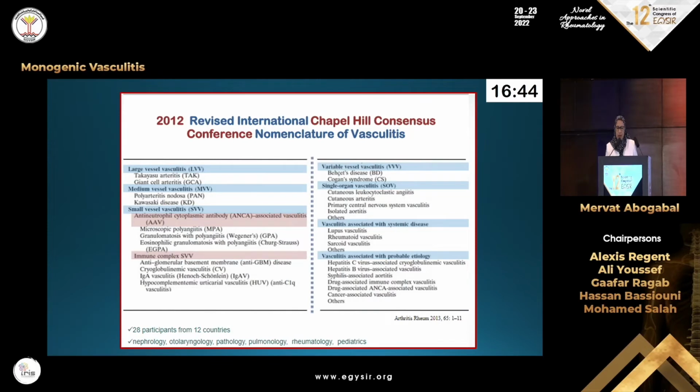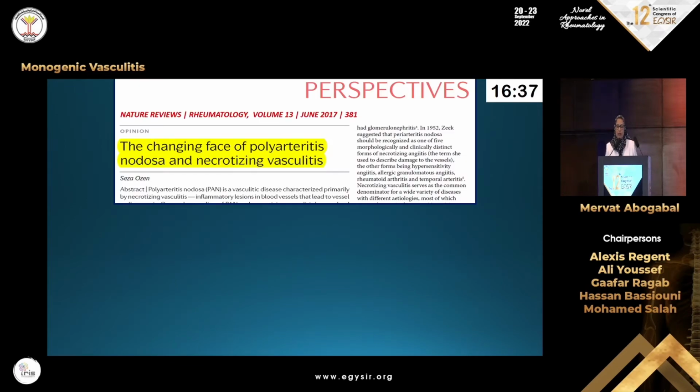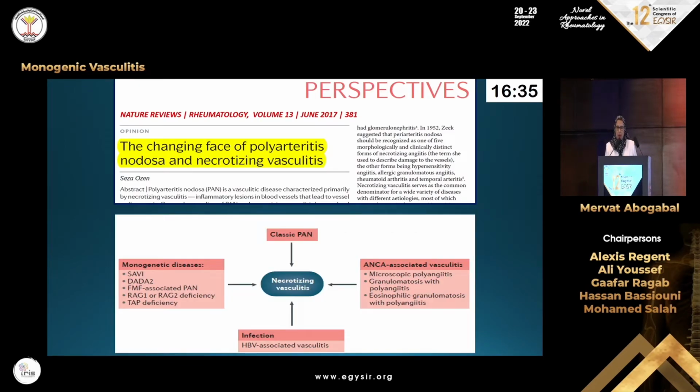Since that time, 2012, no further classification of vasculitis till 2017. In this review article, authors introduced a classification for necrotizing vasculitis, but not released by ACR or EULAR. They stated that necrotizing vasculitis includes classic polyarteritis nodosa, the classic complex disease, also includes the 3 ANCA-associated vasculitides, and also includes hepatitis B virus-associated vasculitis.